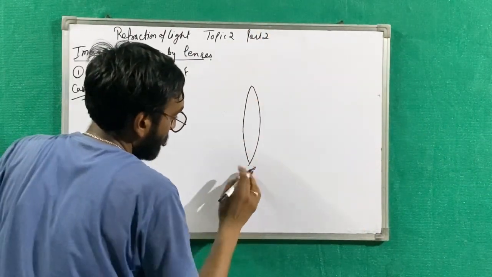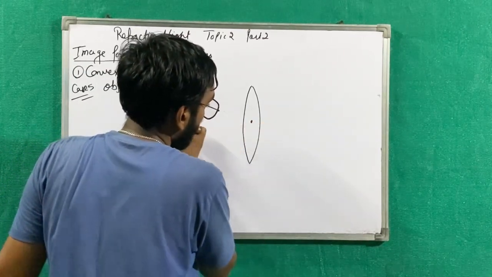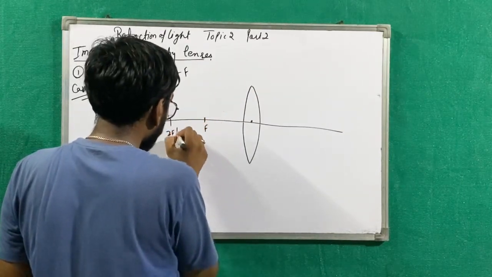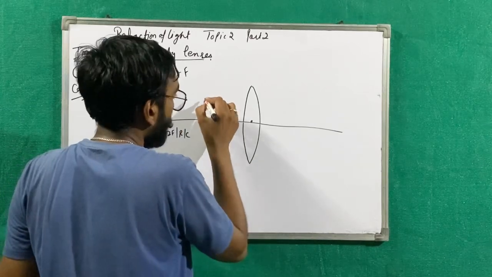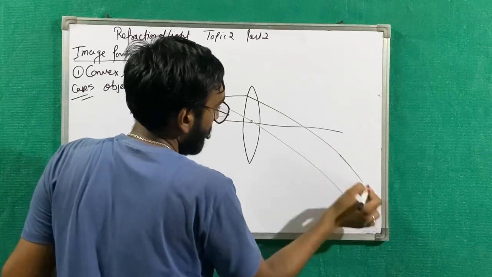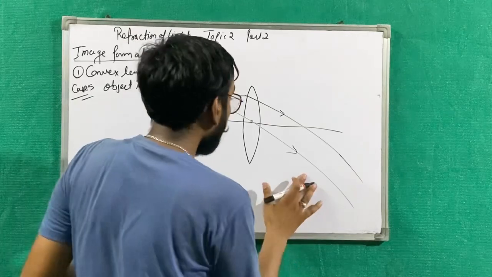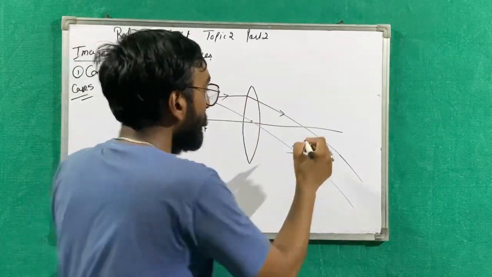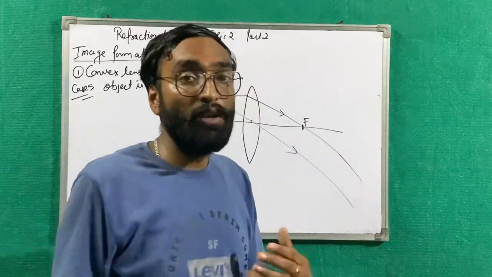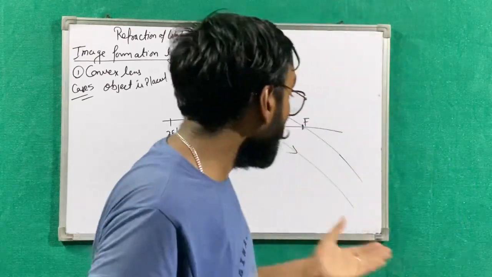Firstly, the lens is there, optical center is there, principal axis is there, f is there, 2f or c is there, and the object is placed at f. They will meet at infinity. The rays which are passing through the lens will always meet at infinity. They will never meet at a single point. It will meet at infinity.